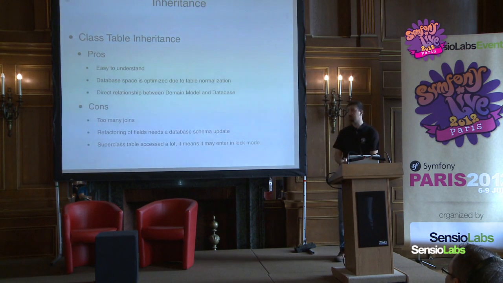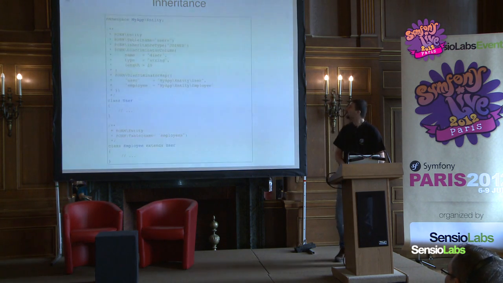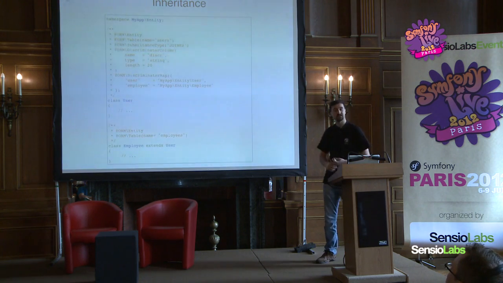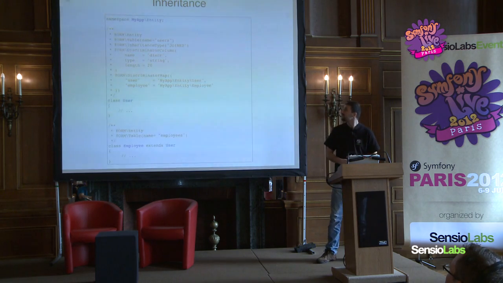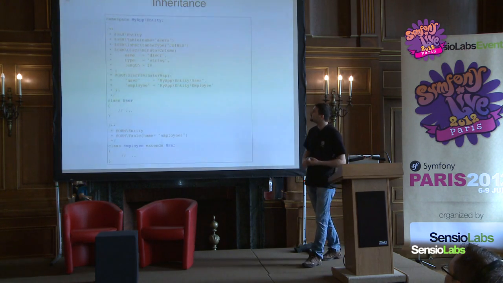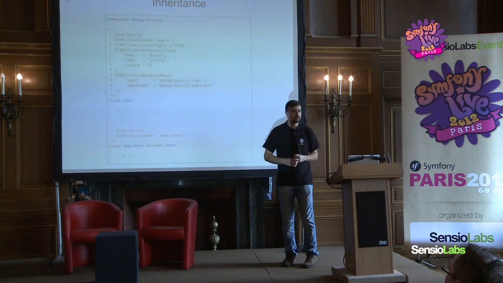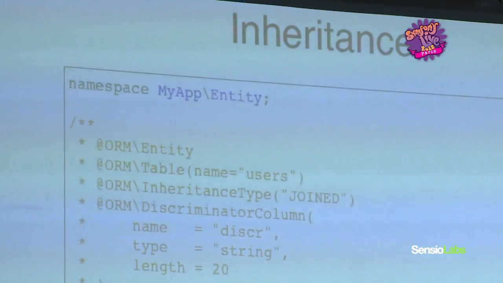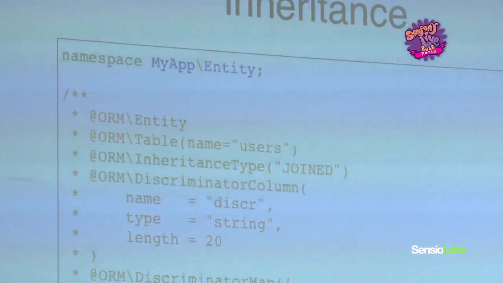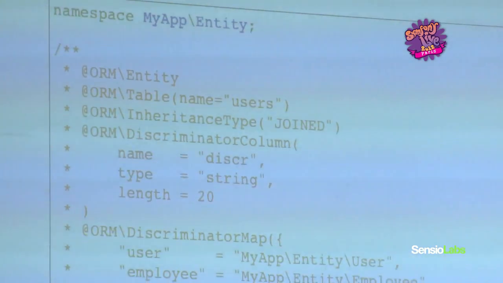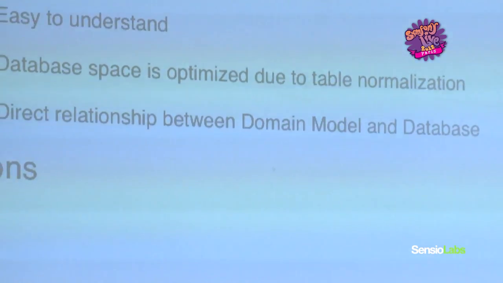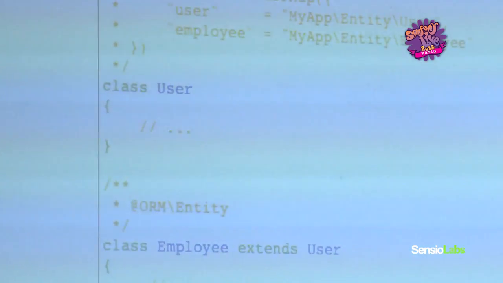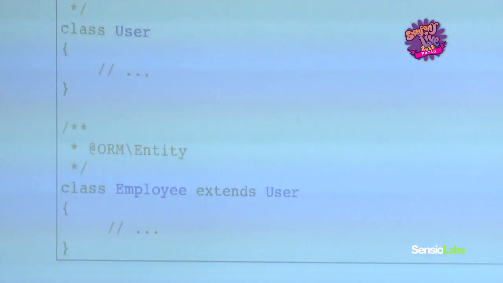Okay, so how can you map this one? You have an entity, and then you just say, hey, my inheritance type is joined. And then I have the discriminator column to be this. It's a string of length 20. And then you define the map of the possible values that you have inside of this column. So this example is almost identical to this one, except that I just defined the length here and changed the inheritance type.